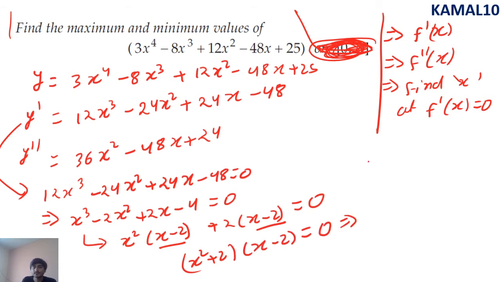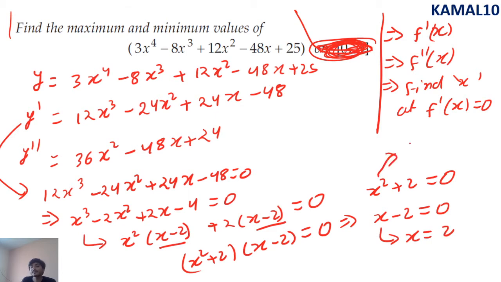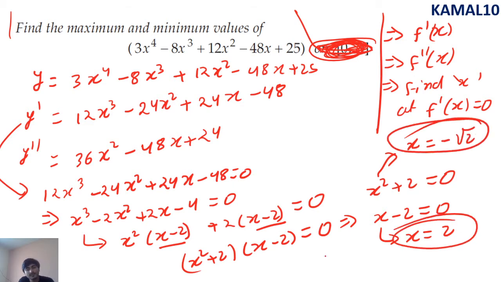So this will give us x square plus 2 is equal to 0 and x minus 2 is equal to 0, right? From here we can write x equal to 2, and from here x is equal to minus root of 2, right? So you can use any of these values.